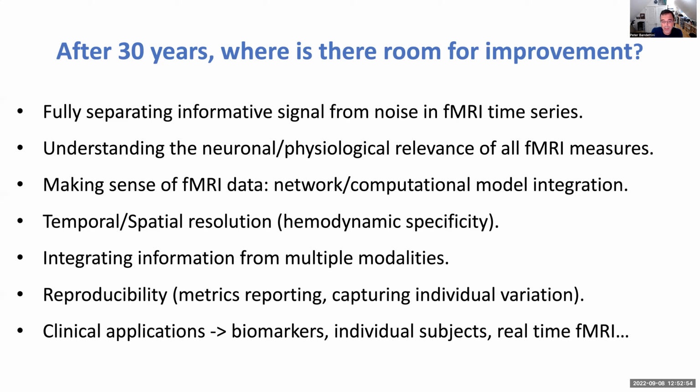It would also be nice to be able to put individual subjects in the scanner, and as I was implying before, to be able to put a subject in and say something about their functional activity as it relates to their behavior in a robust manner. That's sort of the bottom line for clinical application. You can't use group data. And having real-time fMRI for neurofeedback and things like that, I think is also very promising.